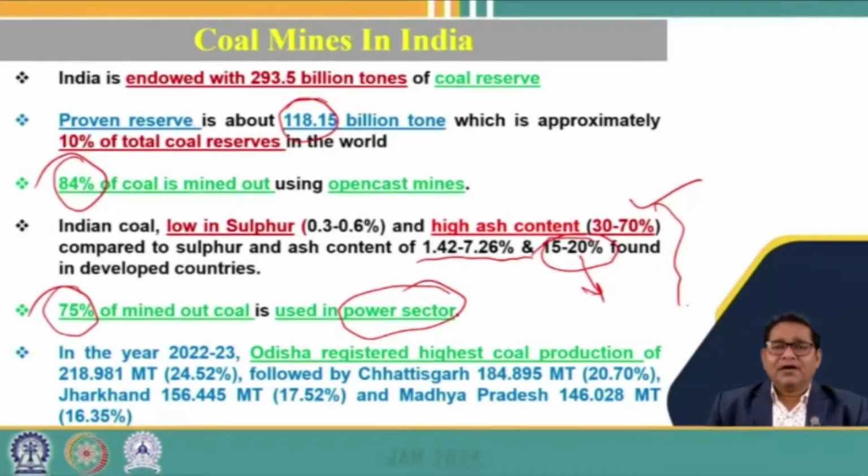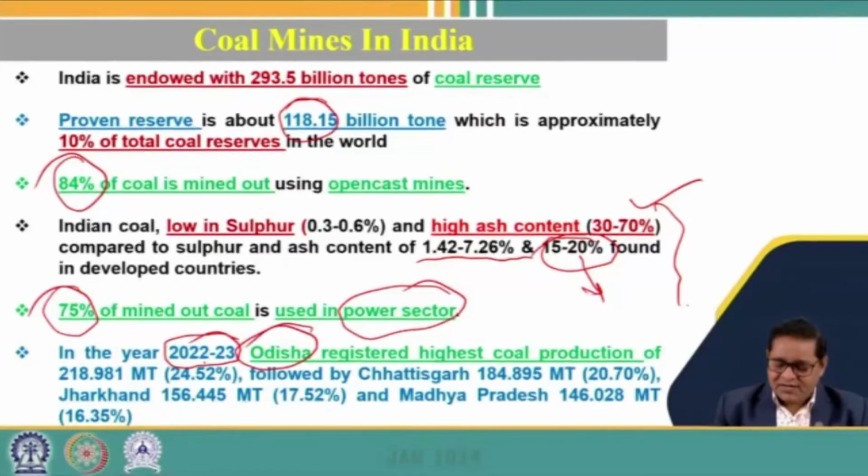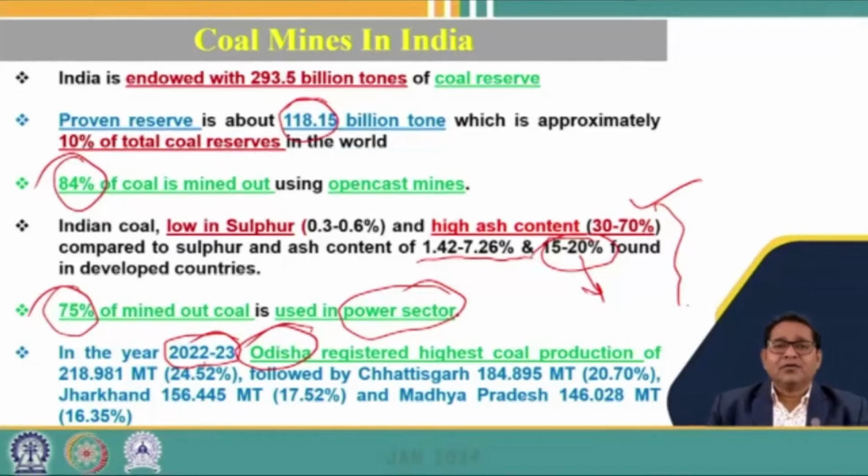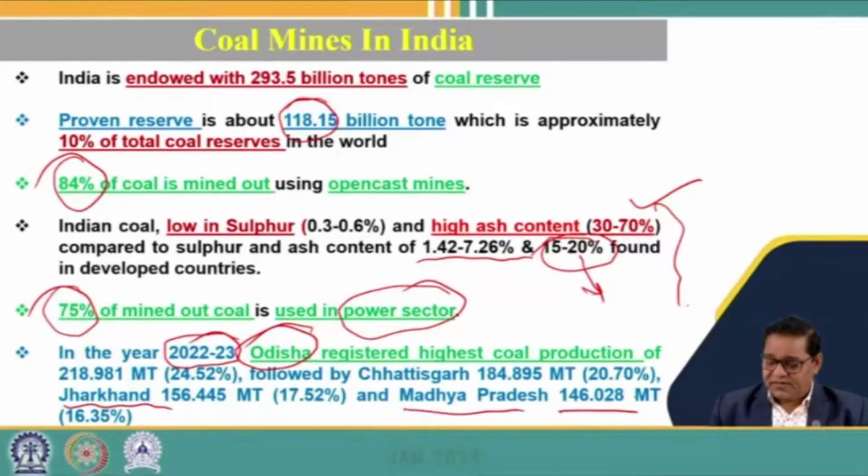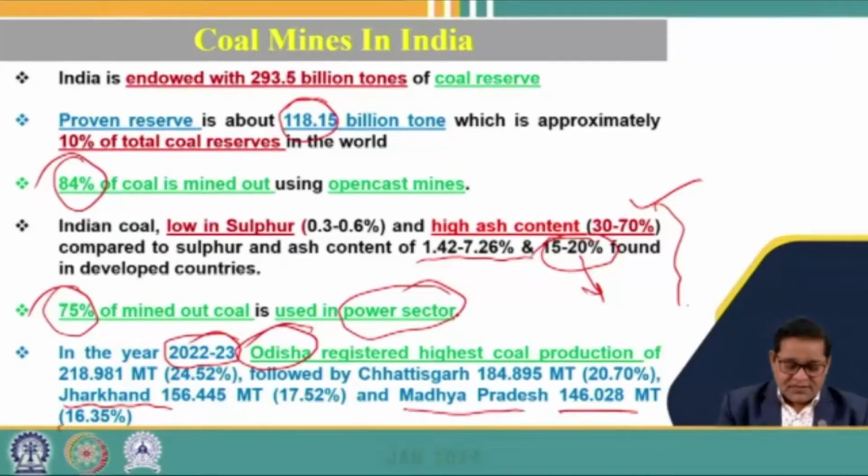If we compare the state-wise production of coal, in 2022 to 23, Odisha registered the highest coal production, followed by Chhattisgarh, then Jharkhand, followed by Madhya Pradesh, that is around 146.028 million tons, which constitutes around 16.35%.